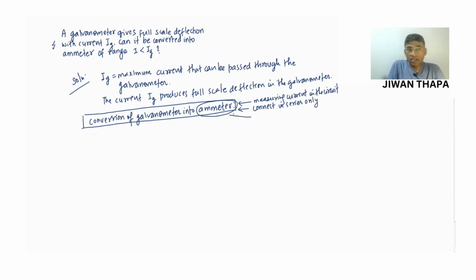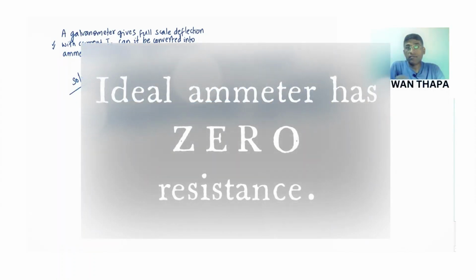And the resistance of an ammeter must be very low, that is negligible. It must have very low or negligible resistance. So we have this, okay? Now we want to change galvanometer into ammeter.